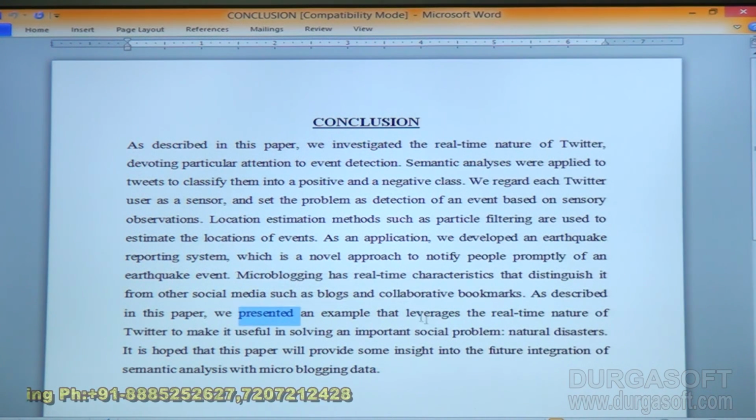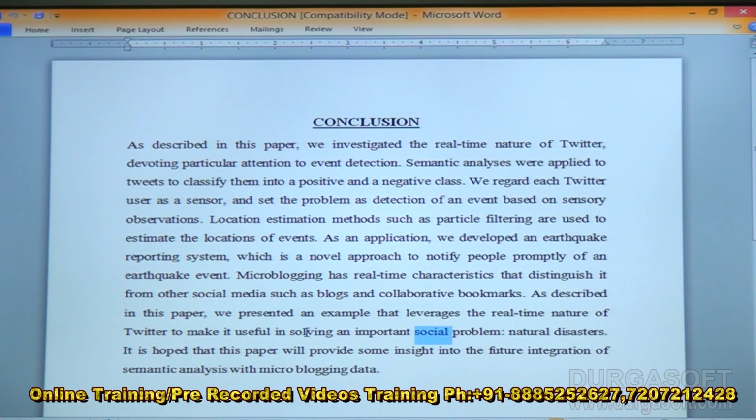We presented an example that leverages the real-time nature of Twitter to make it useful in solving an important social problem. One social problem we have seen is natural disasters, like the earthquake. We are using the social media site Twitter as a solution to our real-time, important social problem, that is, one of the natural disasters, the earthquake.